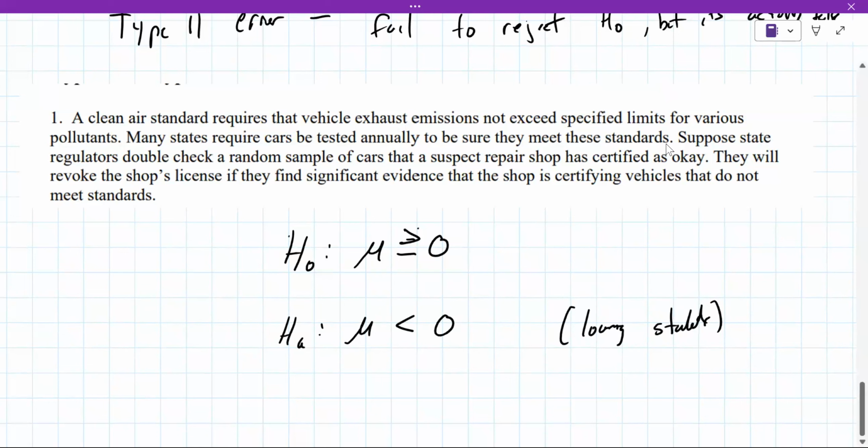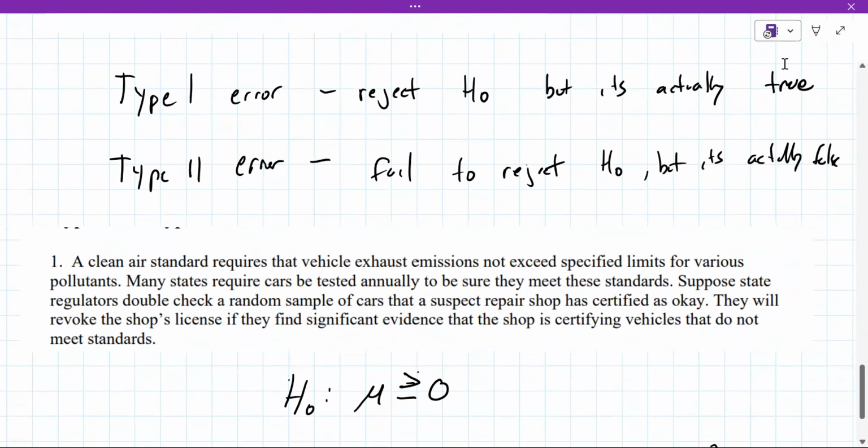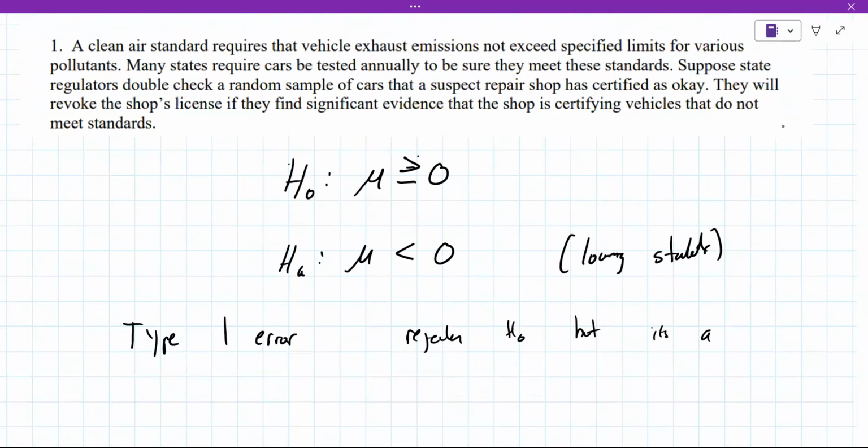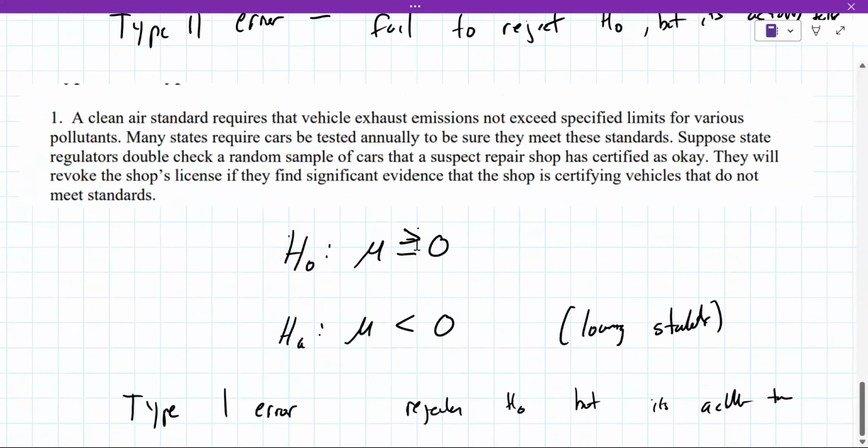Okay, so a type 1 error in this context would be rejecting H0, but it's actually true. So in this case, we're rejecting H0, which means that we're supporting the alternative. We're saying the shop is lowering the standards, but it's actually not true.